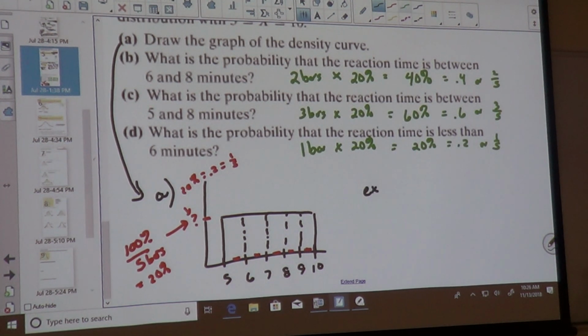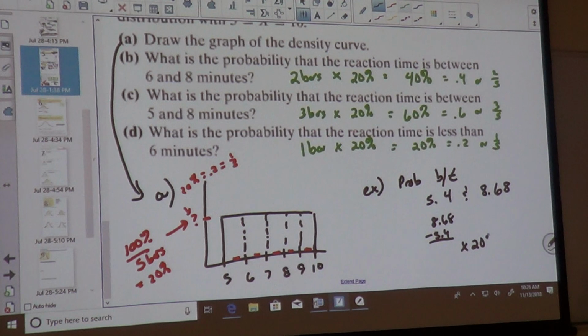Let me throw another one in there. What is the probability that it is between 5.4 and 8.68? You would do 8.68 minus 5.4 and then multiply it by 20%.